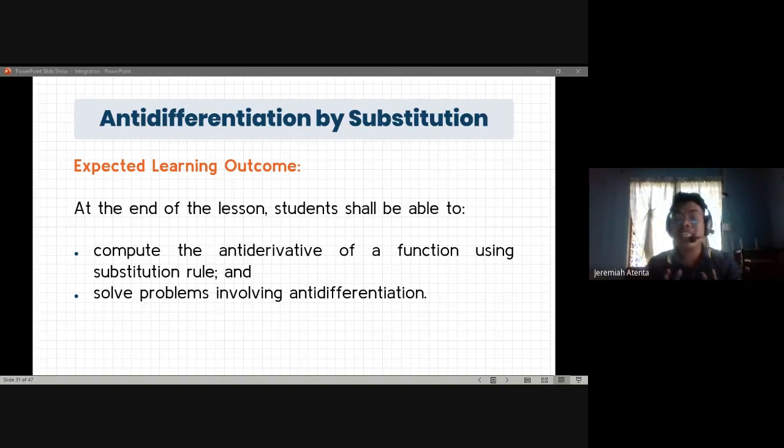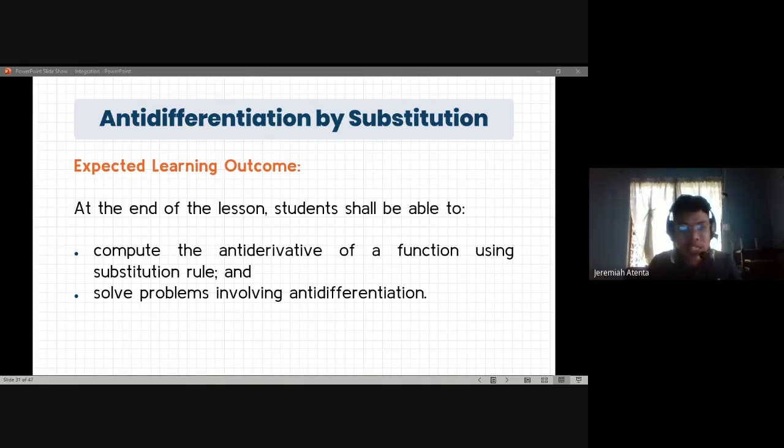So therefore, if that's the case, we cannot use the rules that we already discussed in our previous lesson. Okay? So meron tayong mga rules naman ngayon na kailangang tandaan. Okay? So anti-differentiation is more challenging na in this case.